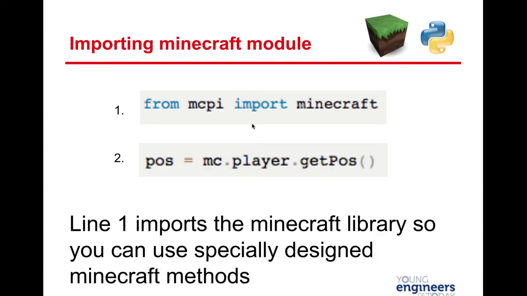So instead of having to obtain a boot to get access to new modules, you use import lines in Python. And here you're importing the Minecraft library so that you can use it. So if you had tried to use get position with these parentheses as a method before importing this, Python wouldn't know what this method did. So you use import lines.